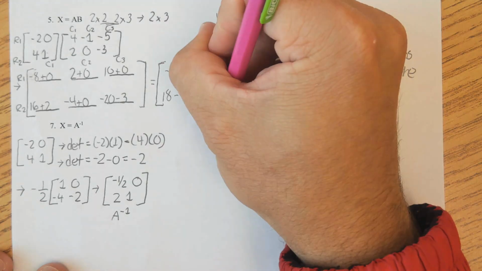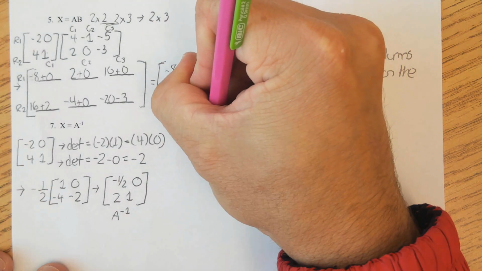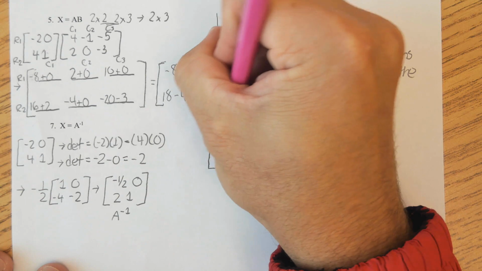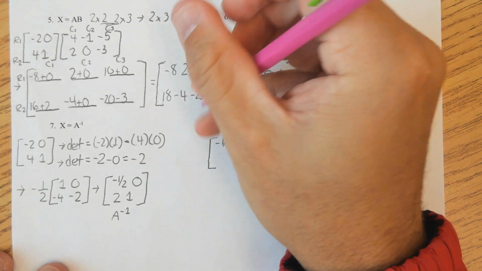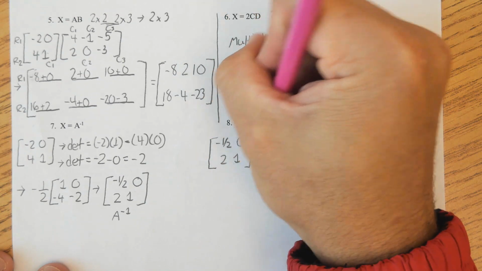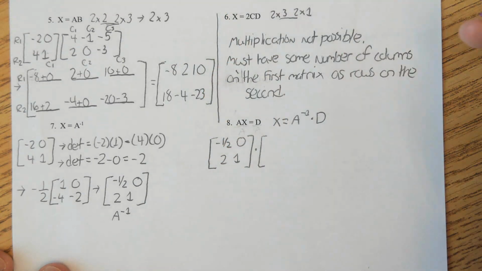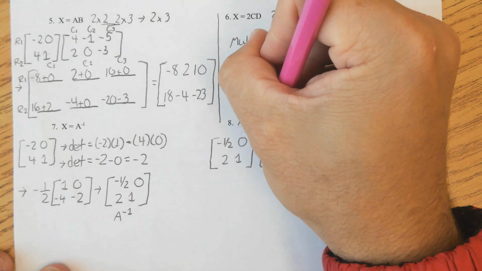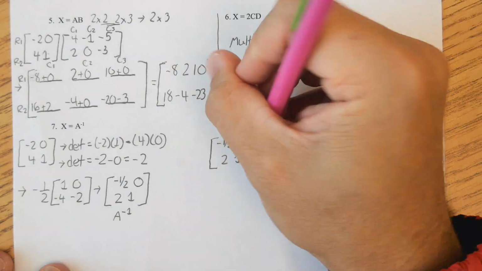So we're going to get A inverse, which is negative 1/2, 0, 2, 1, times D, which is a 2 by 1, where D is now 12 and 6.